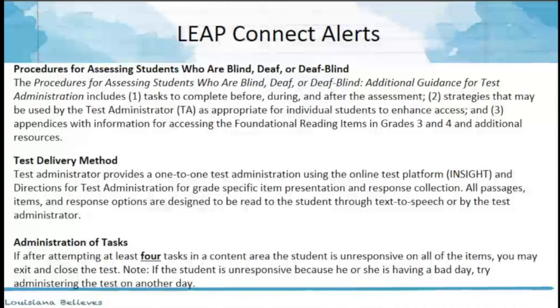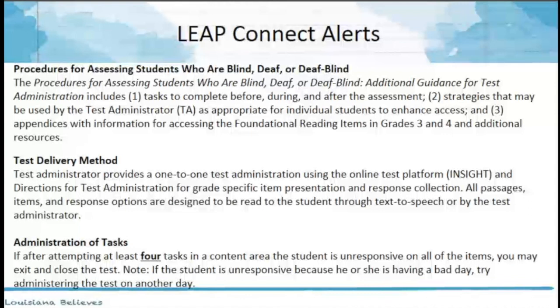It covers what to do before, during, and after the assessment, strategies for the TA, and information for accessing the foundational reading items that I mentioned for grades 3 and 4 and how to do that.